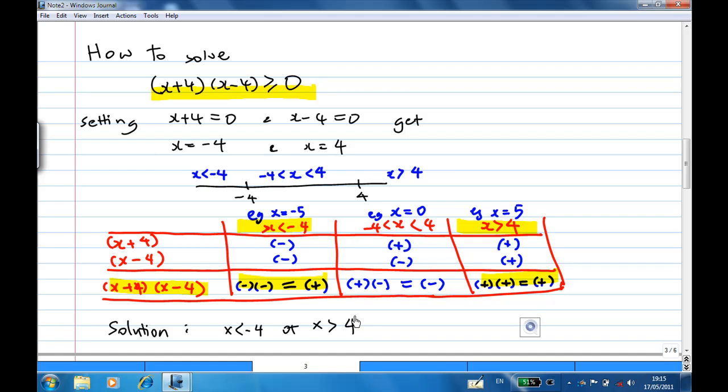In interval notation, it means from minus infinity to minus 4, including minus 4 since we have equality there, union 4 to infinity, since we have equality there after we consider the endpoint.